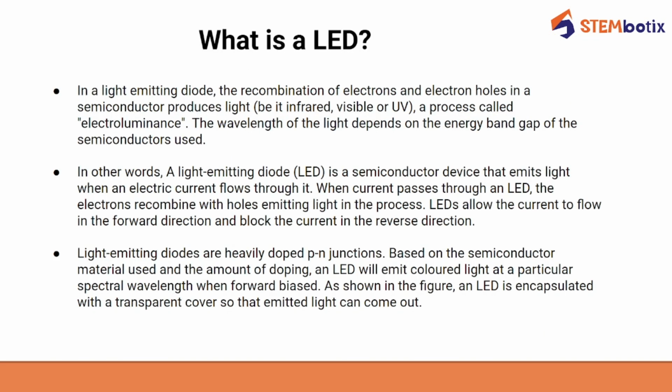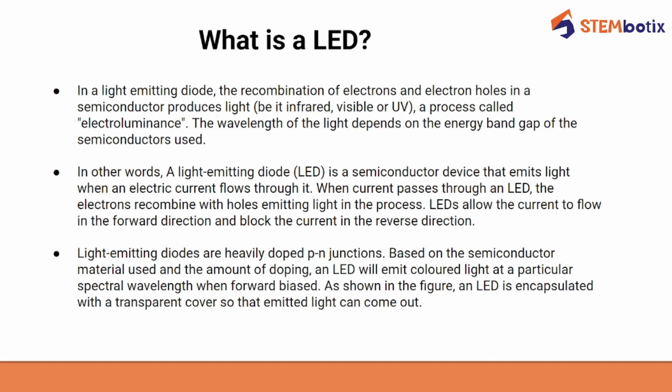So let's see what an LED is. In a light emitting diode, the recombination of electrons and electron holes in a semiconductor produces light. What produces light in an LED? The recombination of electrons and electron holes, be it infrared, visible, or UV.